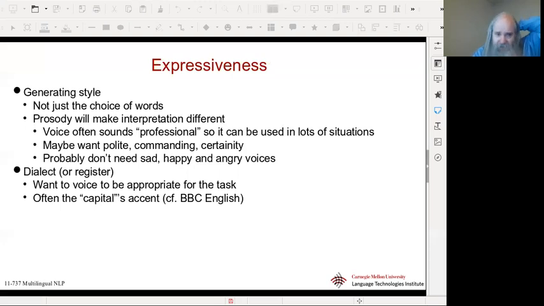Often when people do expressiveness, they think about emotion. And so many people in text-to-speech experiments do things like in trying to do a sad, a happy, and an angry voice. I've never had to use a synthesizer that needs a sad voice, a happy voice, and particularly an angry voice. When we were doing our spoken dialogue system for bus information for the Pittsburgh public, one of our research projects was looking at how to calm down the speaker who was angry or frustrated.